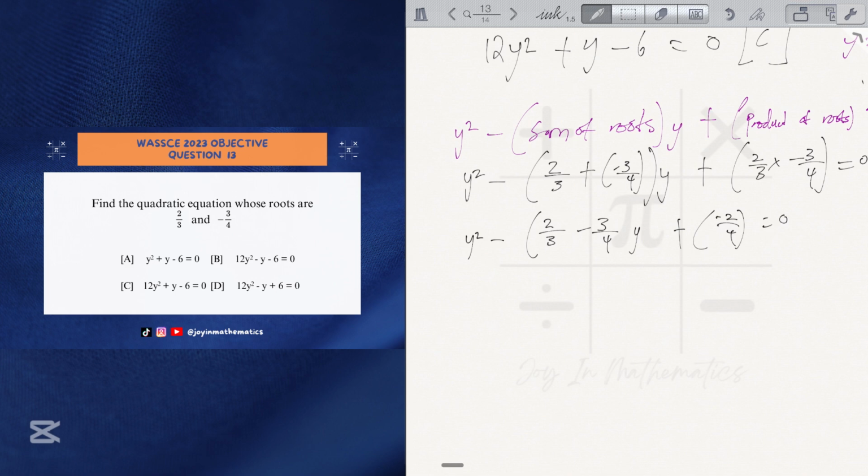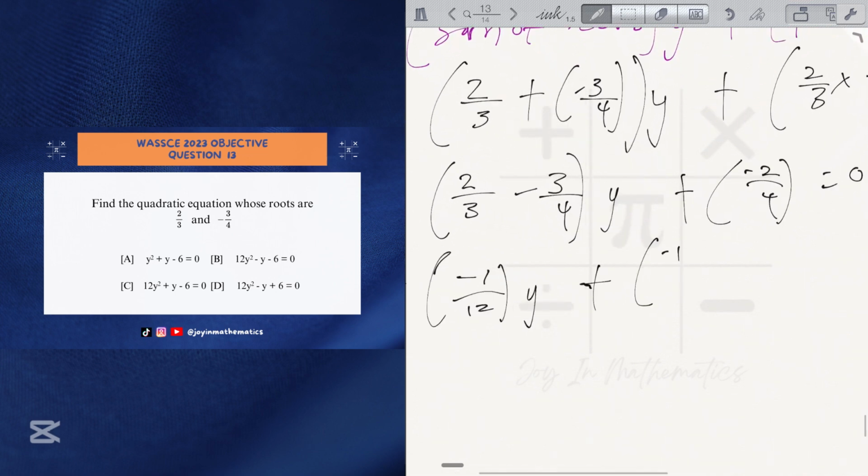So 2 over 3 minus 3 over 4 can be simplified using LCM. We will have minus 1 over 12 y, and this will give us plus minus 1 over 2, equal to 0.